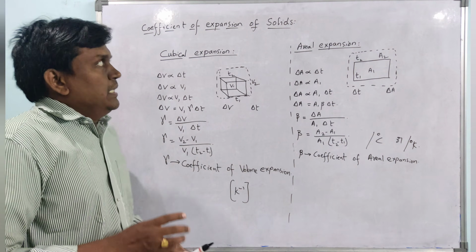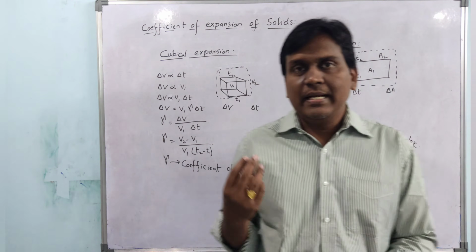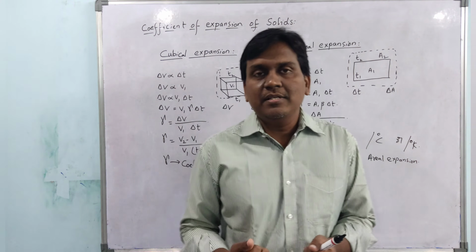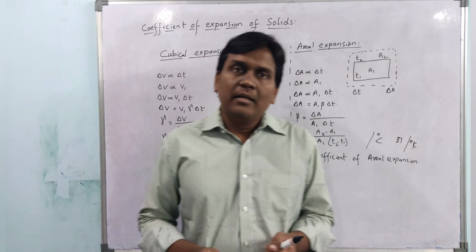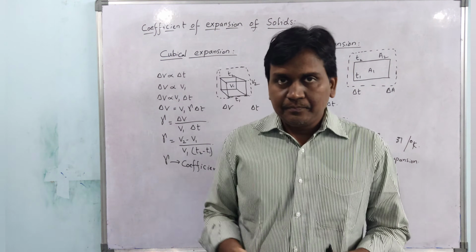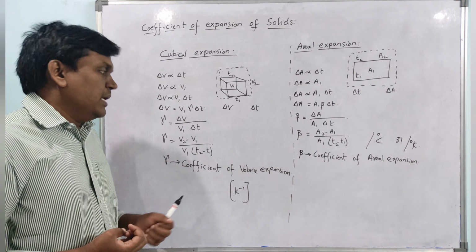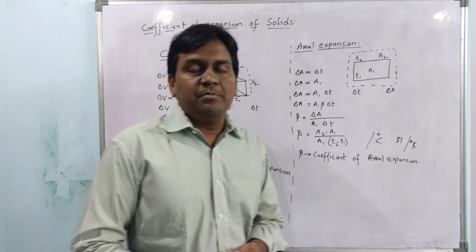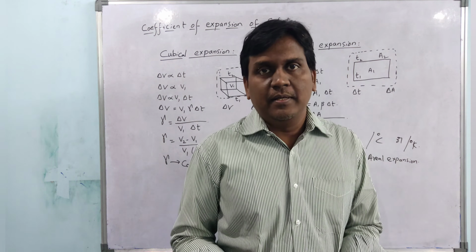So the expansion of solids is categorized into three: linear expansion, areal expansion or superficial expansion, and volume or cubical expansion. And we have discussed the coefficient of linear expansion, coefficient of areal expansion, and coefficient of volume expansion.